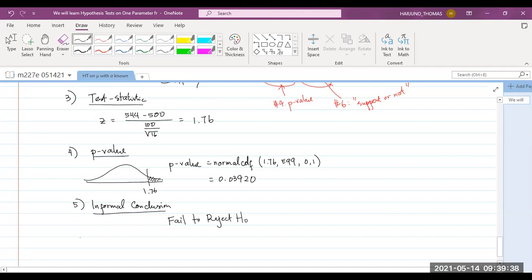In other words, do we support the claim then? The claim is not the null hypothesis. The claim is the alternate hypothesis.